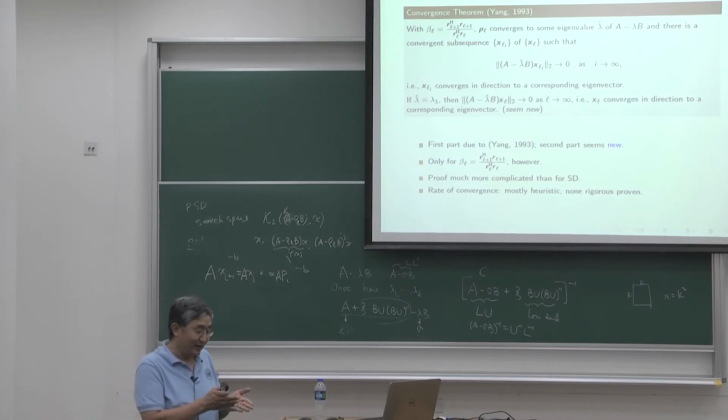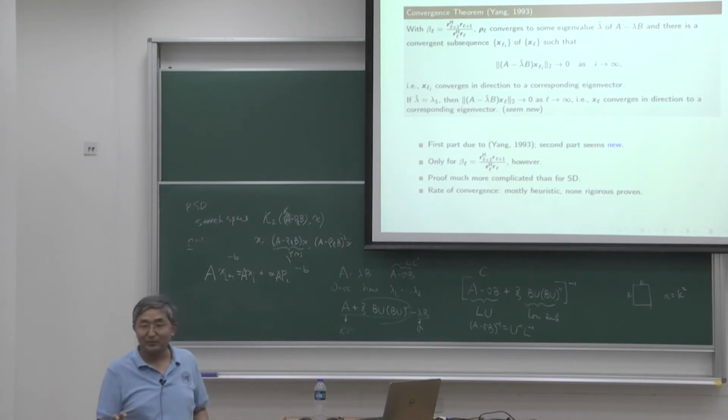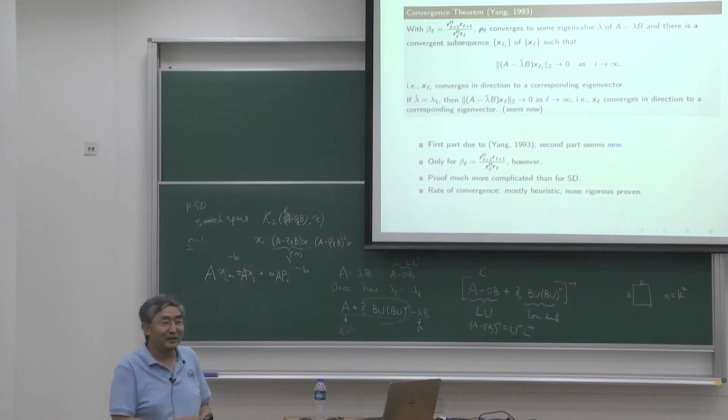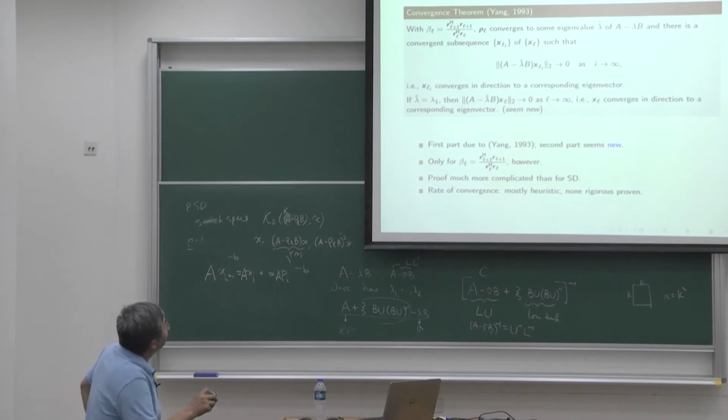Even though you unfortunately start with a vector that is deficient in the direction of the eigenvector you're looking for, somehow rounding error comes to help you, pushing you towards the first eigenvector. Well, it could destroy you too. You might have done that on purpose to begin with: I don't want to compute the first eigenvector, yet rounding error is going to push you toward that direction. Depending on how you look at it. So even though here they converge to some eigenvalue, more often than not, it is the first eigenvalue.